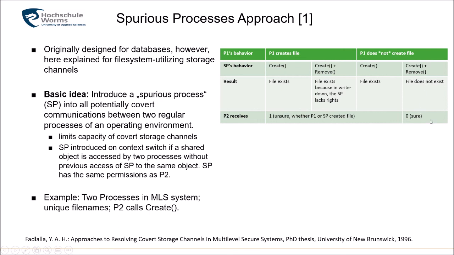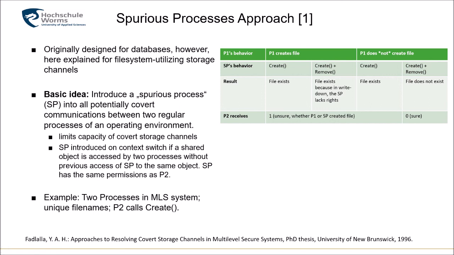So a 0 bit can be transferred in this case. However, it could be the case that the file was not created and it's only existing because the spurious process created the file. So this reduces the information that P2 receives quite a lot.